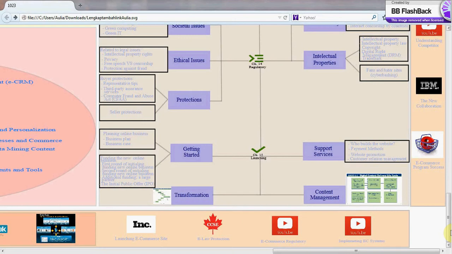And the third step you have to do is funding the new online business. First round of initial funding for your online business, and the second round of funding your online business, additional funding from a large partner.